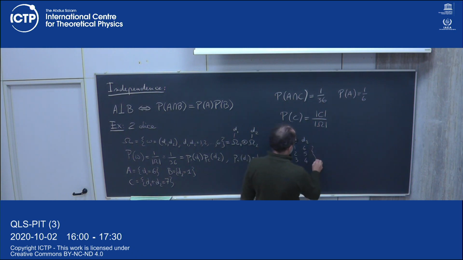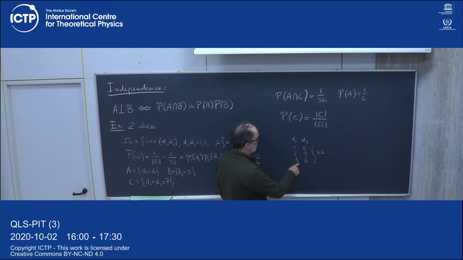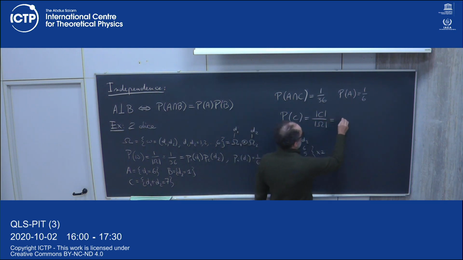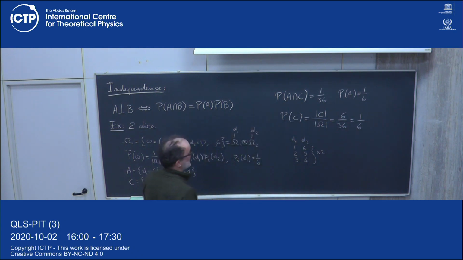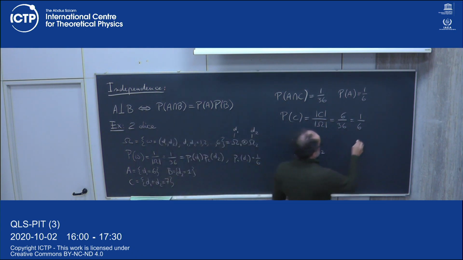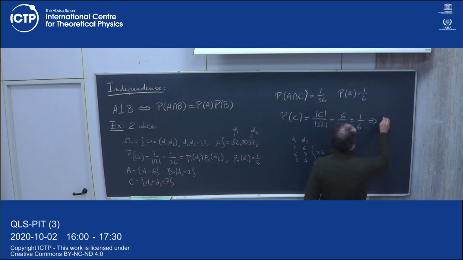So this times 2. So there are 6 possible cases in which the event C occurs. So this is 6 divided by 36, which is 1/6. So what we conclude then is that events A and C are independent.